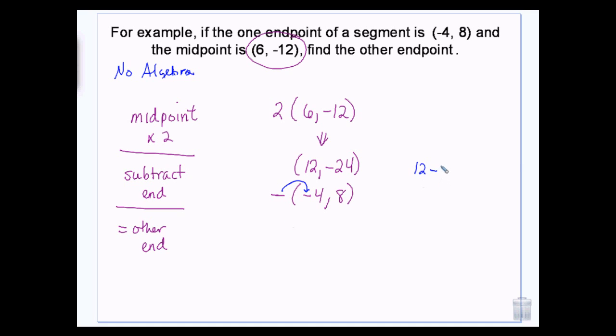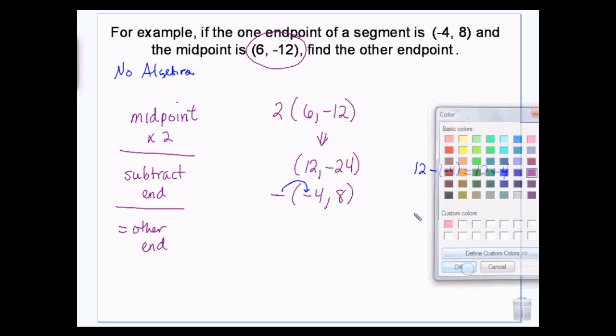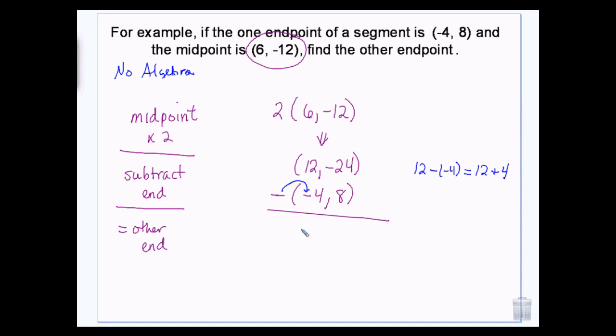So that's 12 minus negative 4, which is the same thing as 12 plus 4. Don't forget that double negative becomes a positive, okay? So 12 plus 4 is 16. Negative 24 minus 8 gives me negative 32. And this is the other end.